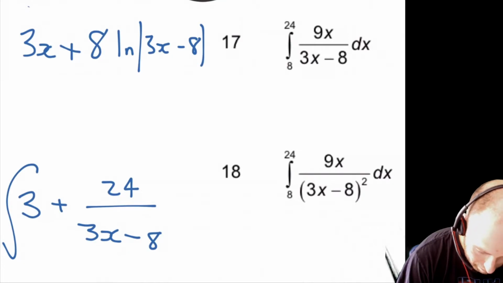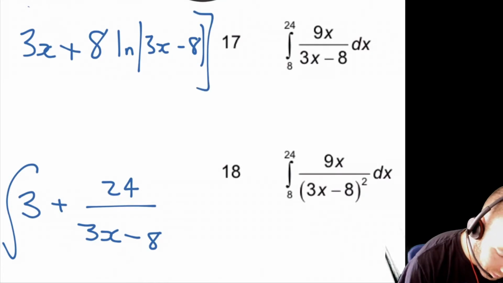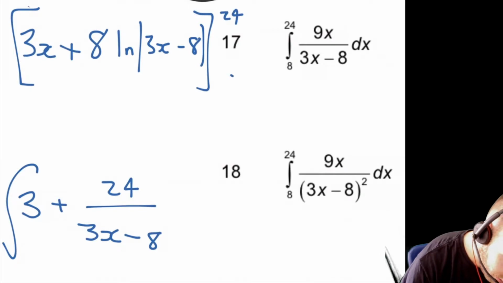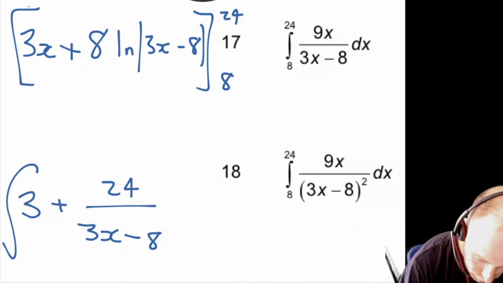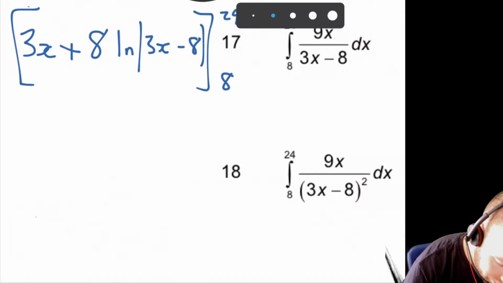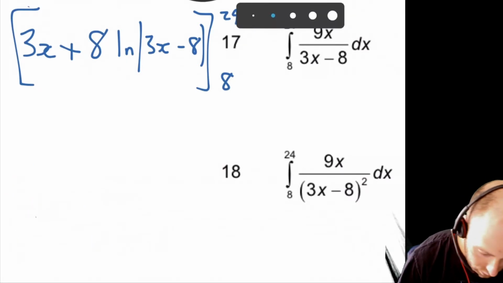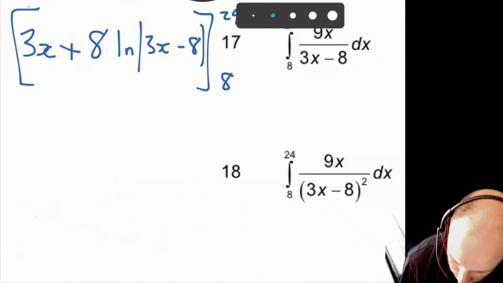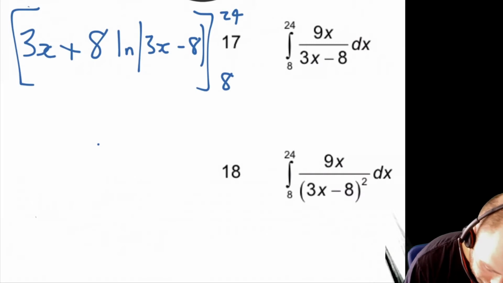Yeah, that's it. Cool. Oh, we need to put the limits in, 24 and 8. So 3 lots of 24 is a job for the calculator, 72, yep.